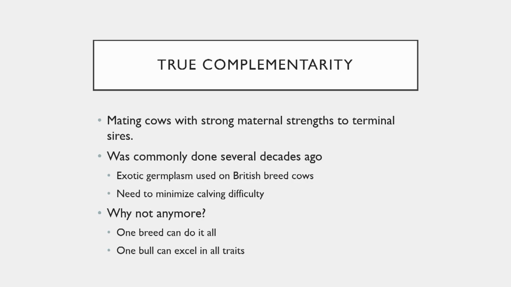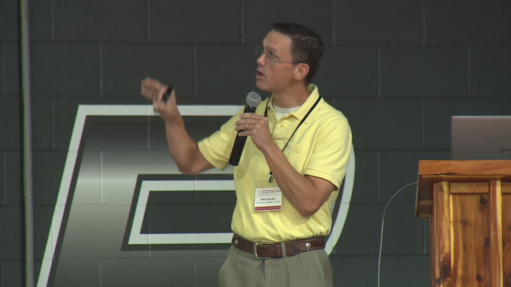A lot of times I interpret that as an excuse for not having selected for growth and carcass, right? Maternally focused says I selected for female fertility, reduced mature cow weight, optimal lactation potential, those kinds of things, okay? But that's what true complementarity is to me. So as we think about a balancing act, the pairing of breeds allows us that balance.